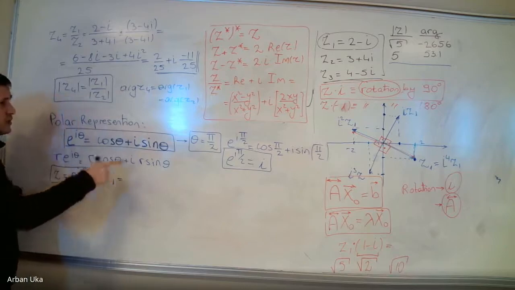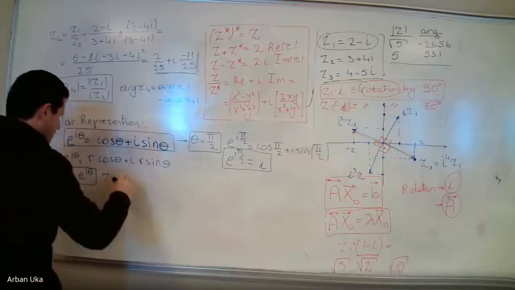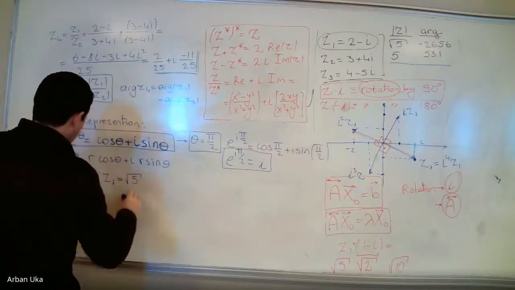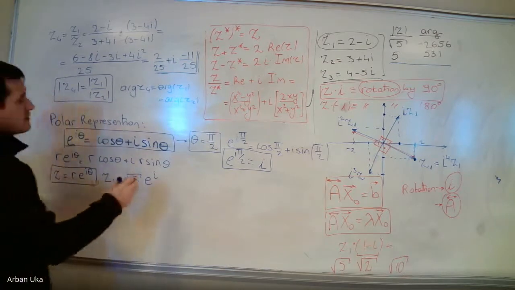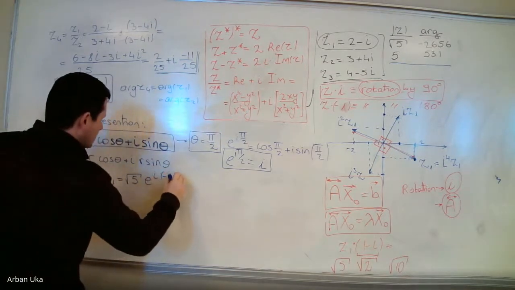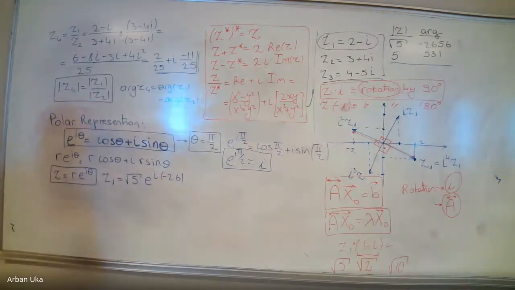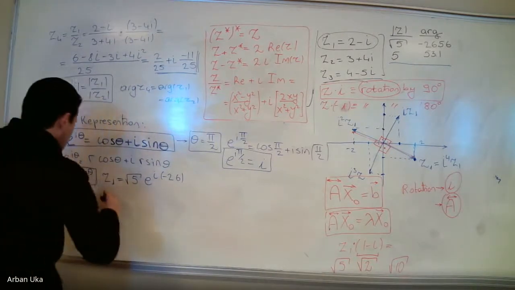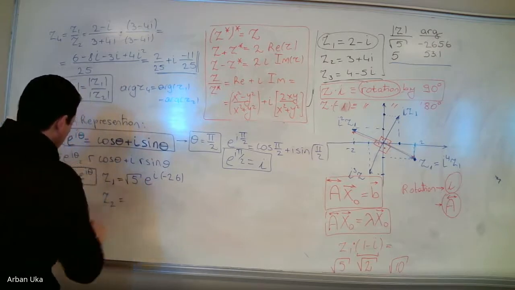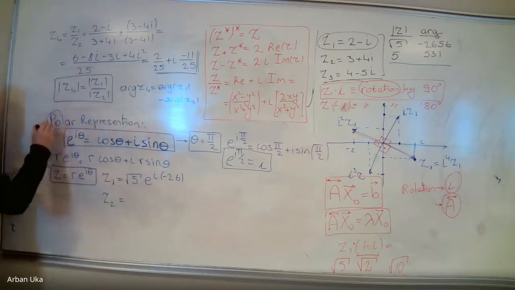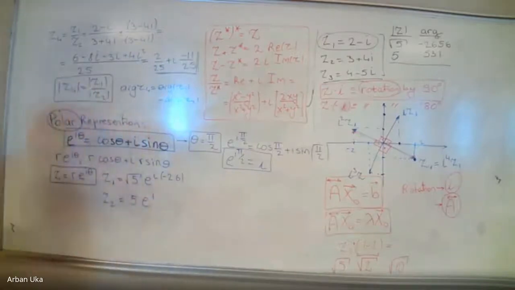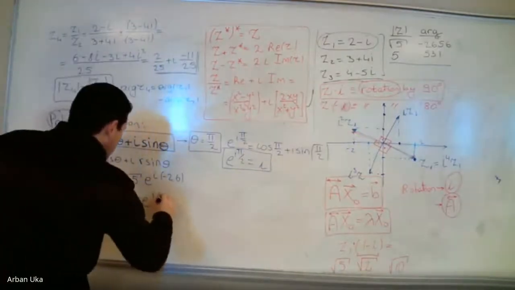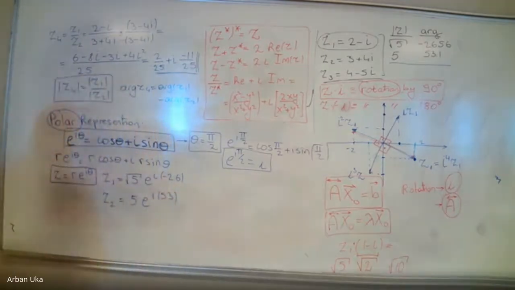What is the modulus of z1? It is the square root of 5, times e to the power i times minus 26, minus 26.56, whatever. Let's leave it like this. Then let's look at z2. Using the polar representation, what is the magnitude of z2? 5. This is 5 times e to the power i times 53. So this is z1 and z2.